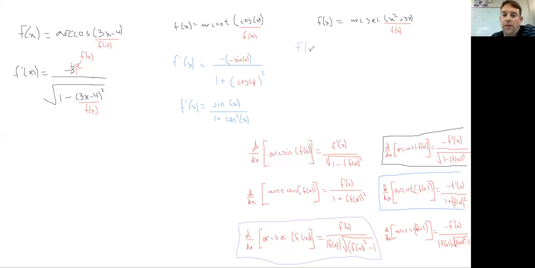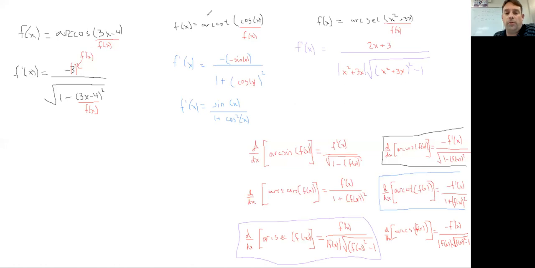So f prime of x: I first start off with the absolute value of f of x in the denominator, so x squared plus 3x, times the square root of f of x squared minus 1, so that would be x squared plus 3x. And then the derivative of f of x would be in the numerator, so 2x plus 3.